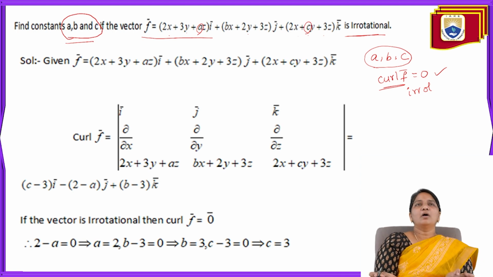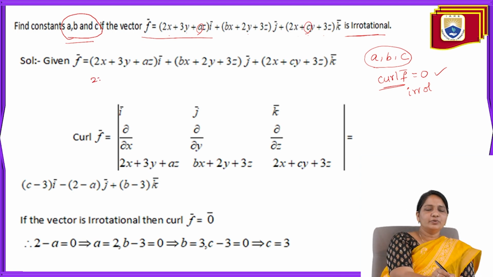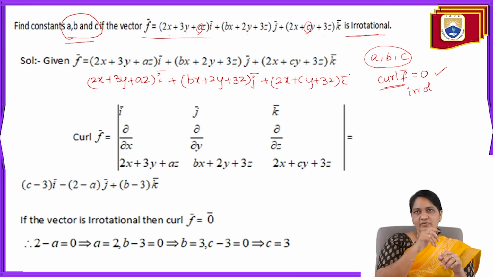So first of all, what is the given function here? f bar equals (2x plus 3y plus az) i bar plus (bx plus 2y plus 3z) j bar plus (2x plus cy plus 3z) k bar. Is it clear? This is the given f.